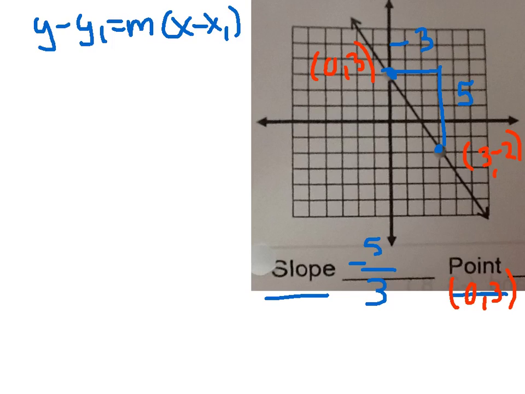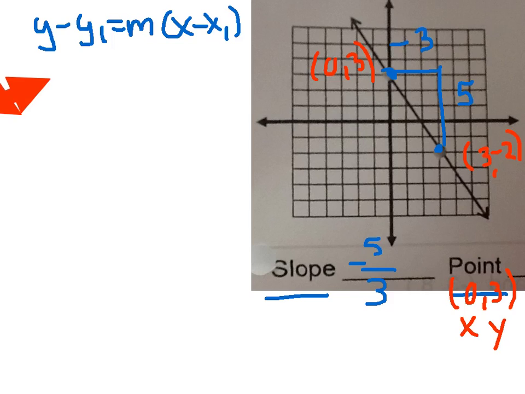Okay, so now we're going to use the point slope formula that I have written over here at the top. You can see it. Let's see if I can point it out to you right there. Okay, we're going to go ahead and use that, and we're going to fill in the information that we have. We already know this is my x and my y, and we already have our slope. So let's go ahead and fill that in, okay?